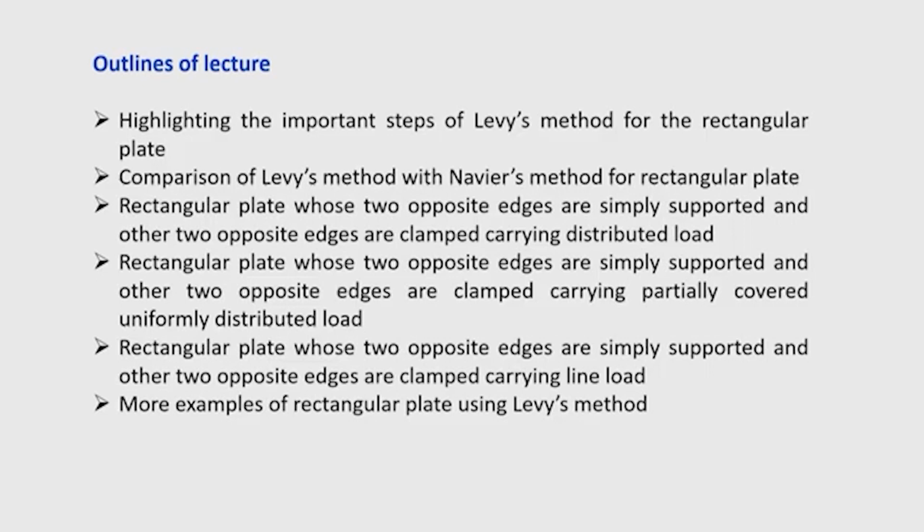In the first case the edges are clamped on two opposite edges, and here also the edges are clamped, but the difference is that in the first case the full plate was loaded, and in the second case the plate was partially loaded. Then we will study the plate with two opposite edges simply supported and the other two edges clamped, but carrying strip loading.